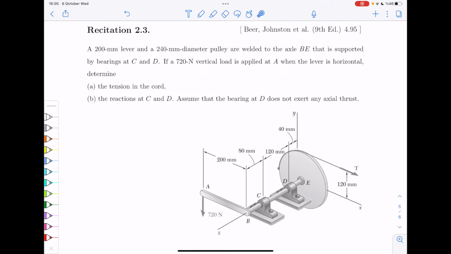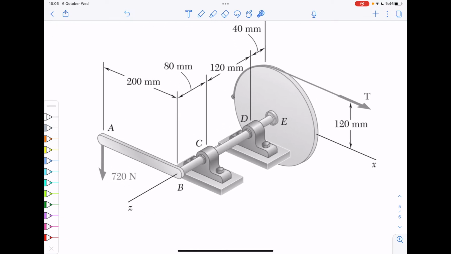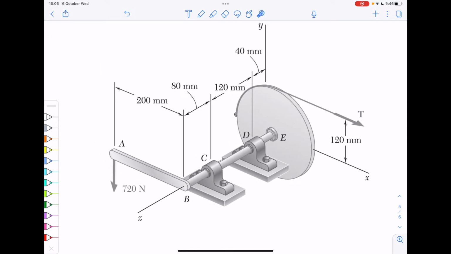Now, at C and D, these are bearings. Usually, you would expect to have 3 components on each. Remember we said bearings, they do not usually apply moments, right? So there is no moment. There would be CZ here.